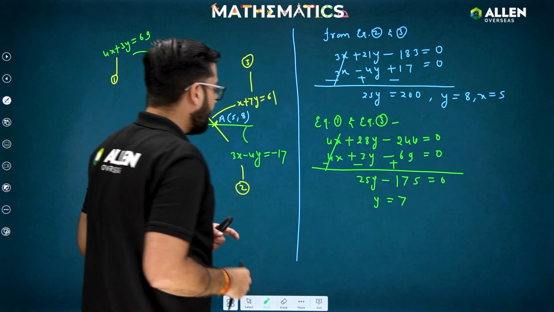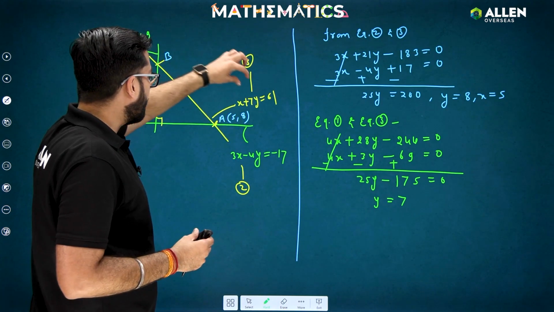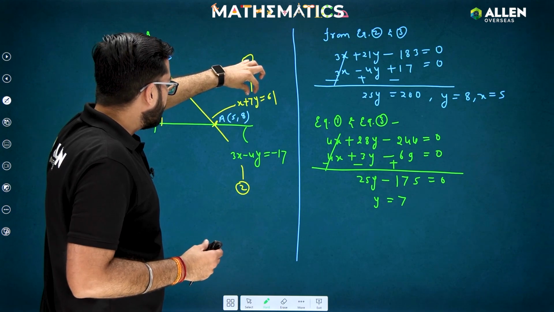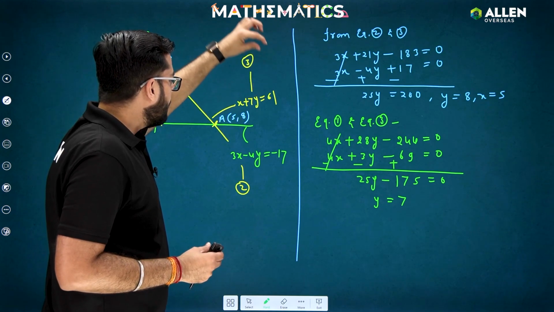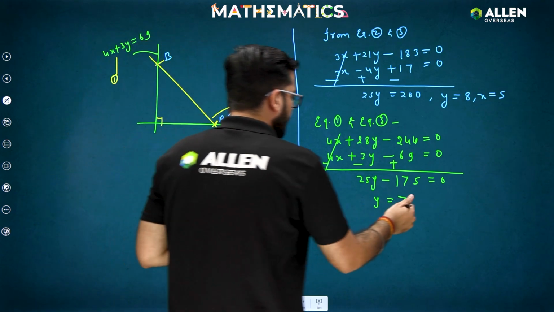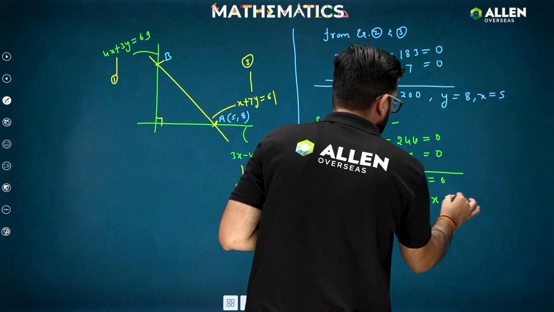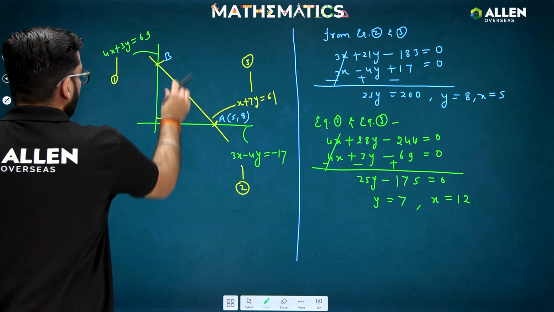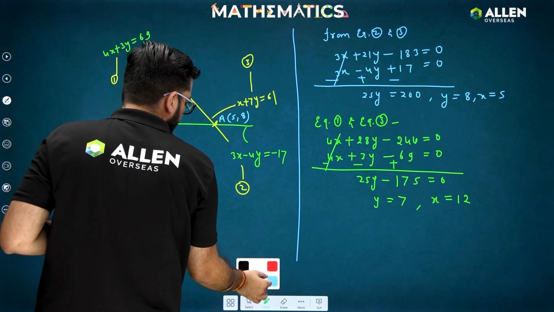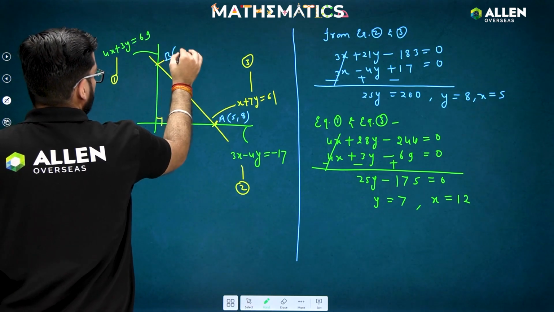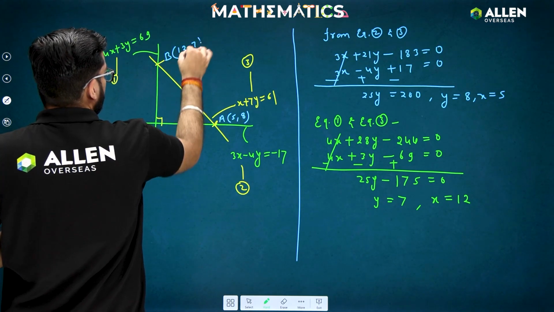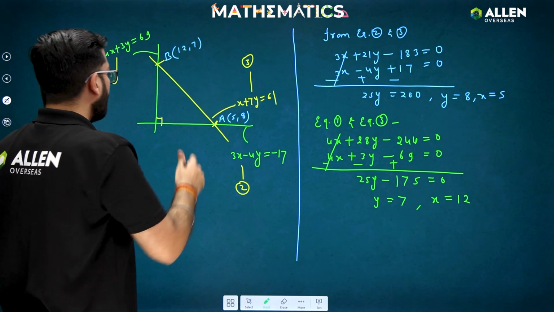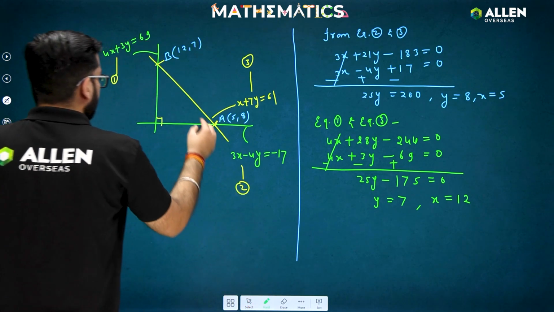Once you have y equal to 7, you can put it anywhere, either here or here. Again I am going to put it here. So 49 is there, so x you will get 61 minus 49, so that would be 12. Again you have the coordinates of B, that is 12, 7.